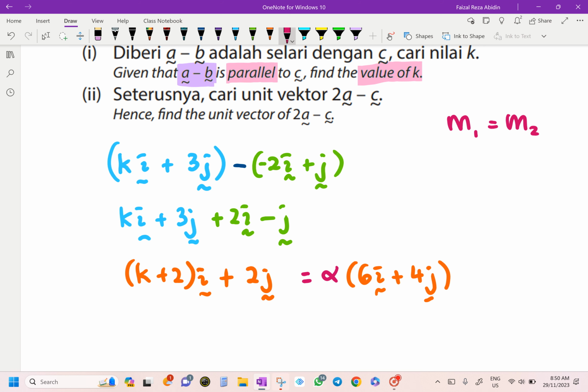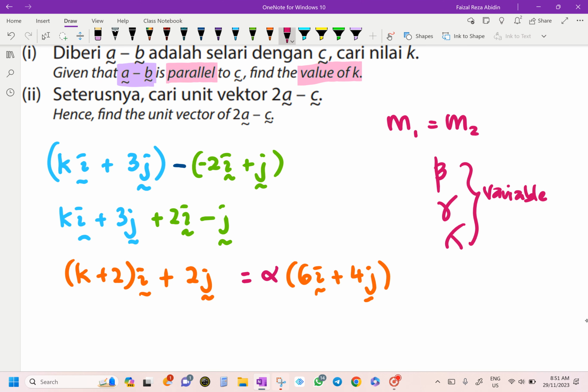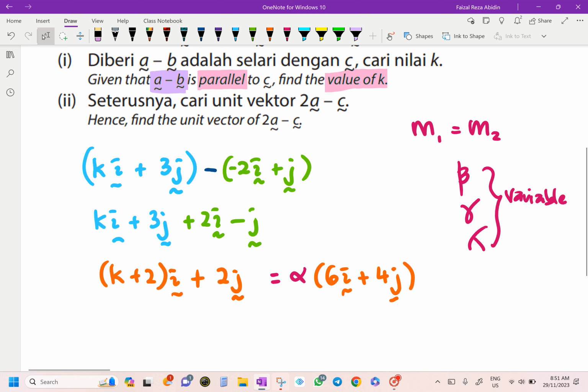Beta, alpha, beta, gamma, lambda also. Lambda, this one. This one is going to be categorized as variable only. I don't want to put z because it will disturb our k later. A to z, I don't want to use. I'm going to use either alpha, beta, gamma, theta also can. Theta.